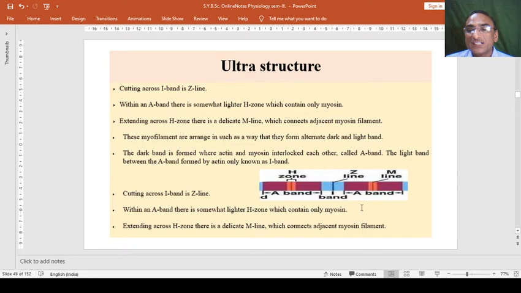We are repeatedly observing this because these bands are repeatedly present in all the myofilaments. So remember it; the repetition is acceptable because this is always present in muscles.